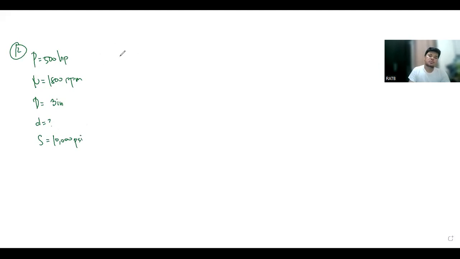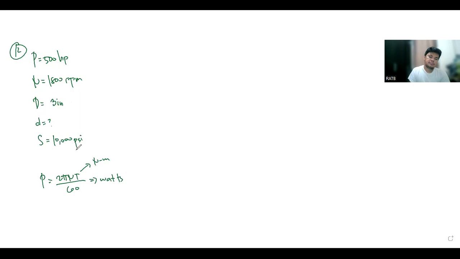We know that power is equal to 2 pi nT divided by 60. For it to be in watts, torque must be in Newton meter.